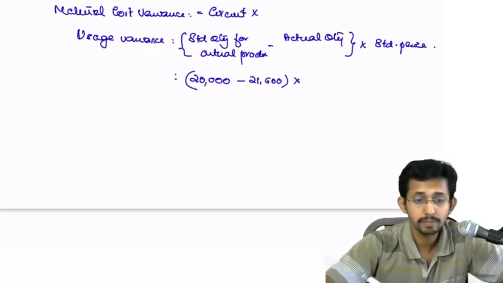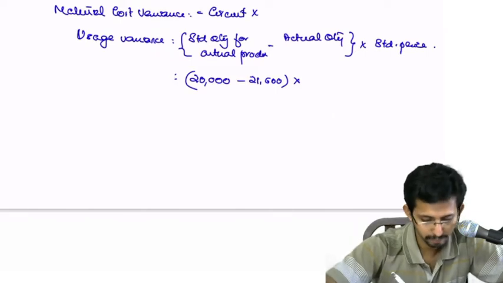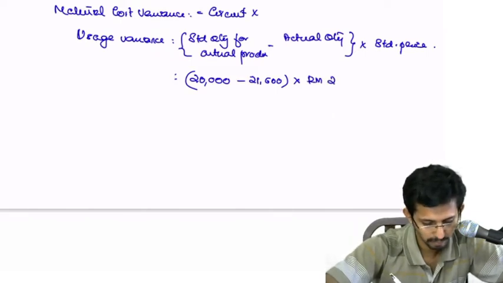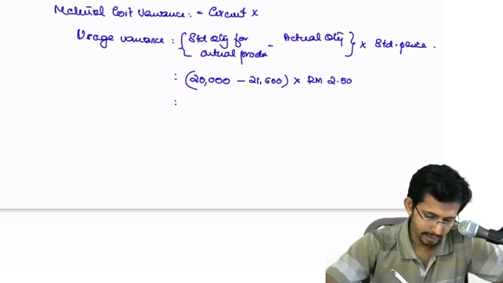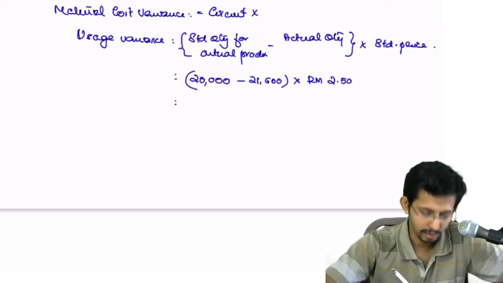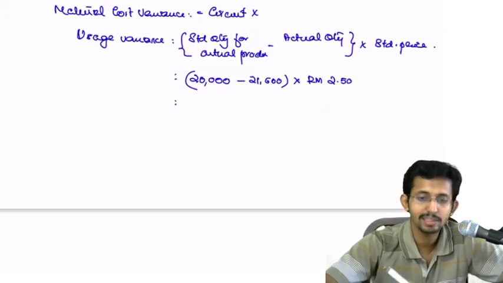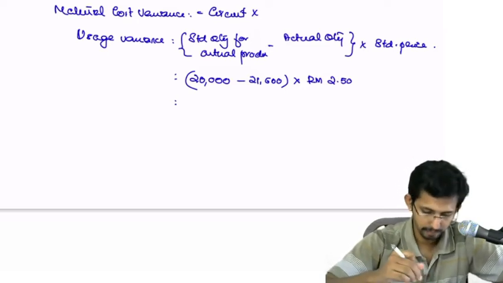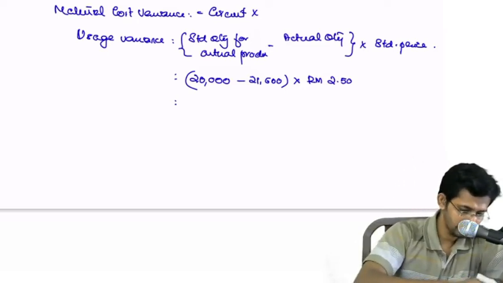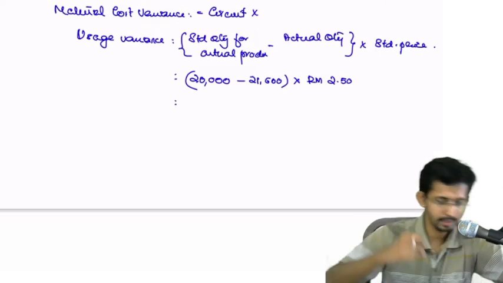Standard price is 2.50. So standard quantity that could be consumed is 20,000, whereas they actually consumed 21,600. So this is an adverse variance. And how much does it come? 1,600 into 2.5, that is 4,000.